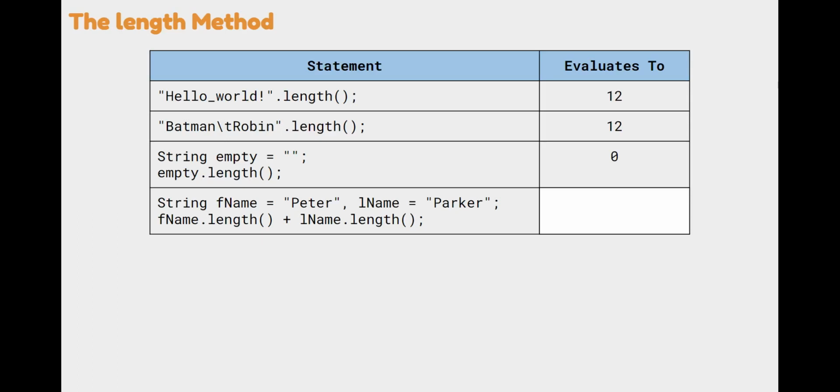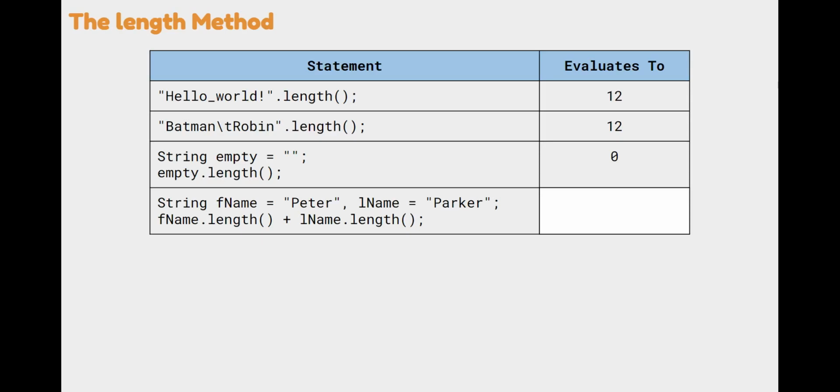In our last example, we are declaring and initializing 2 strings, fname and lname. We are calling the .length method on both of them. Both of them individually will evaluate to integers, and then we can include that in expressions, which means that we can use that plus sign in between there. Now, will that plus sign act as the addition operator, or will that plus sign act as the concatenation operator?